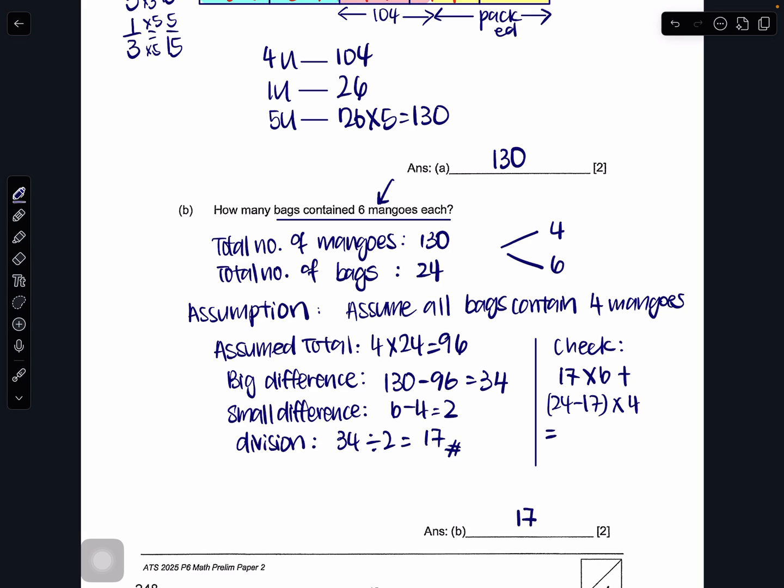Then press your calculator and make sure that it gives you a whole number. 17 times 6 plus 24 minus 17 times 4. Press the calculator and see if you get 130. The total number of mangoes is 130, so this must be 130 if it's correct.